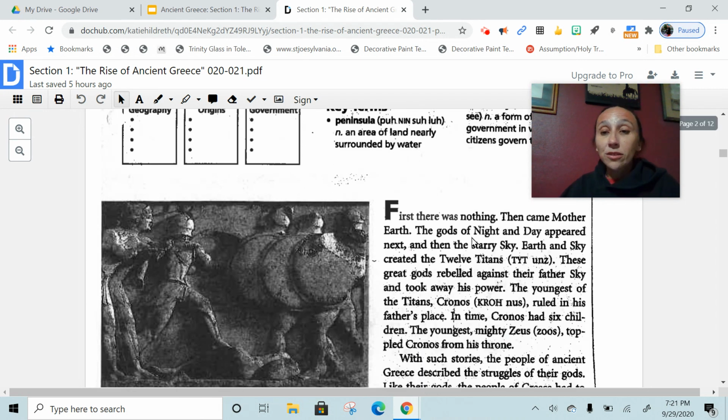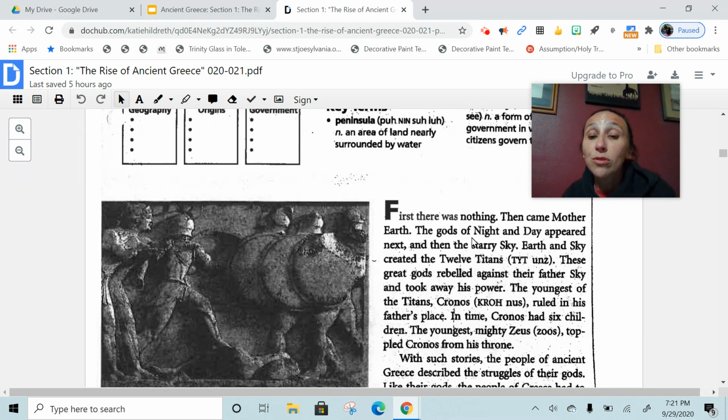So let's get started. First, there was nothing. Then came Mother Earth. The gods of night and day appeared next, and then the starry sky. Earth and sky created the 12 titans. These great gods rebelled against their father, Sky, and took away his power. The youngest of the titans, Kronos, ruled in his father's place.